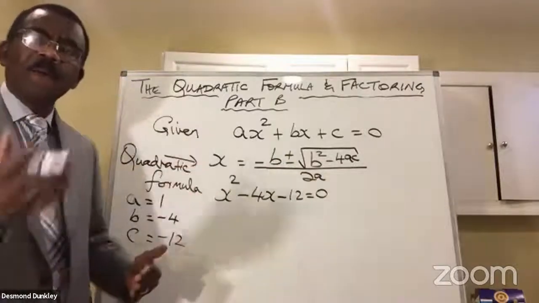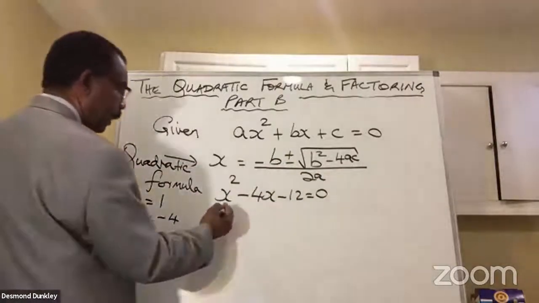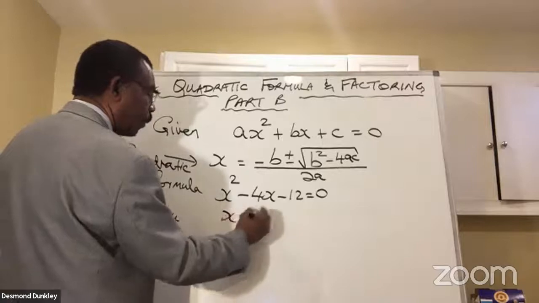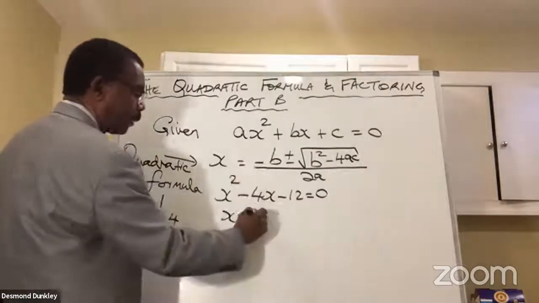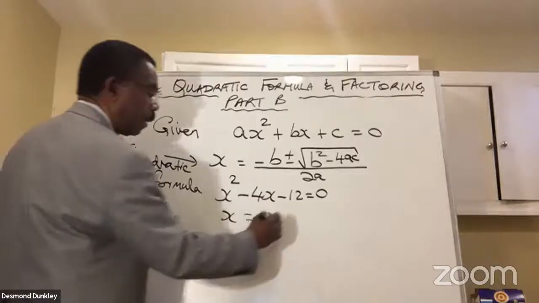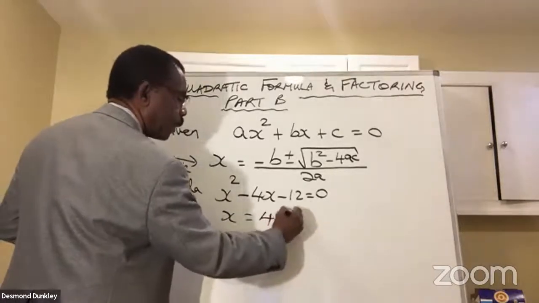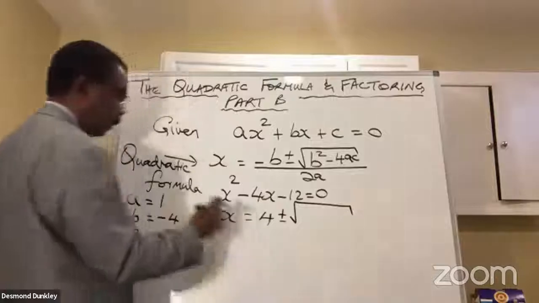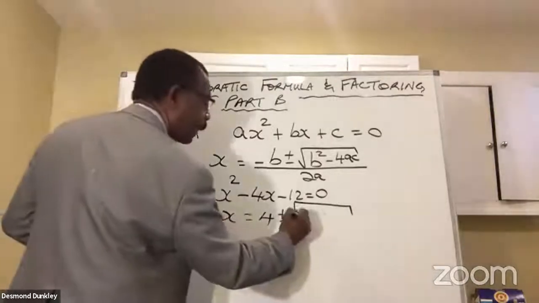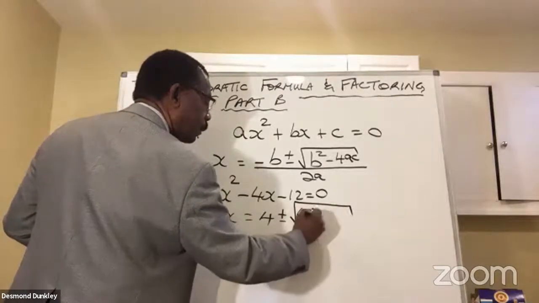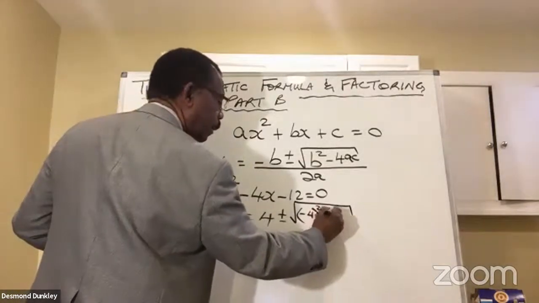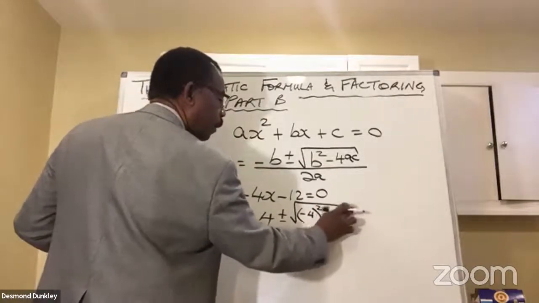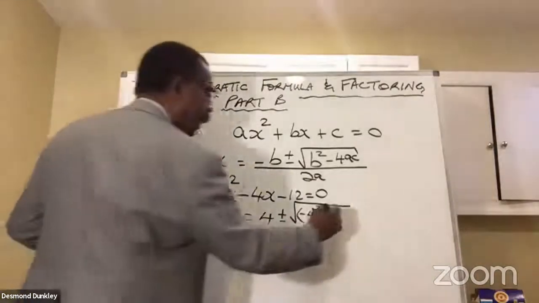So we're going to plug in these three numbers, 1, negative 4, negative 12, into this formula and see what happens. We have x equal to, b is negative 4, so minus b is going to be 4, plus or minus the square root of b squared, negative 4 squared, minus 4 times a.